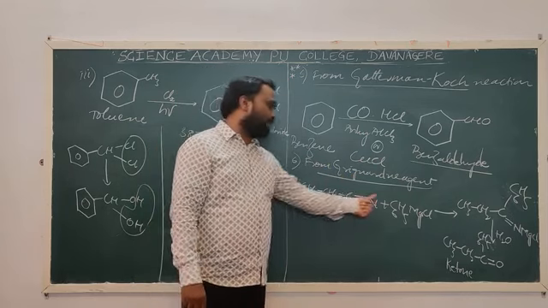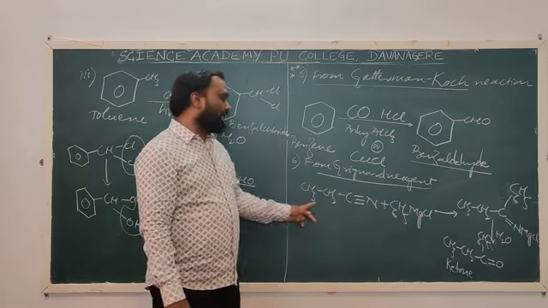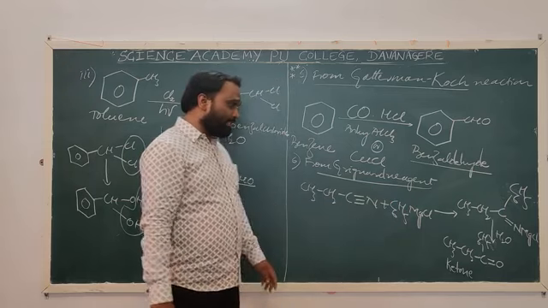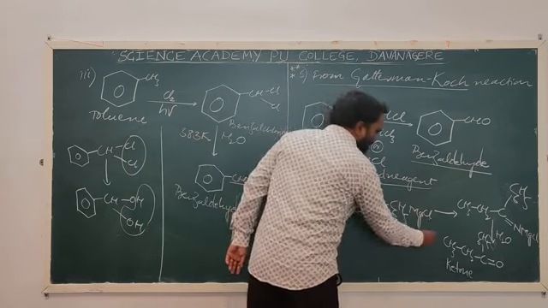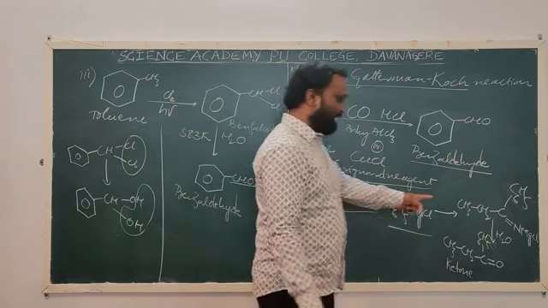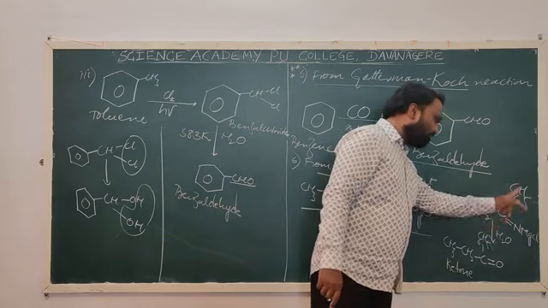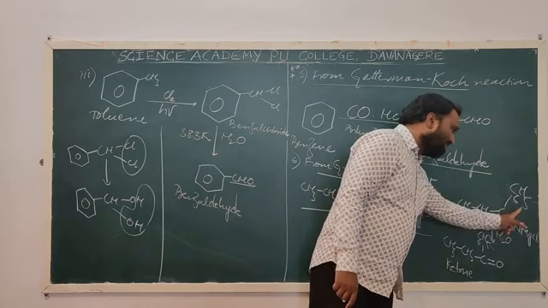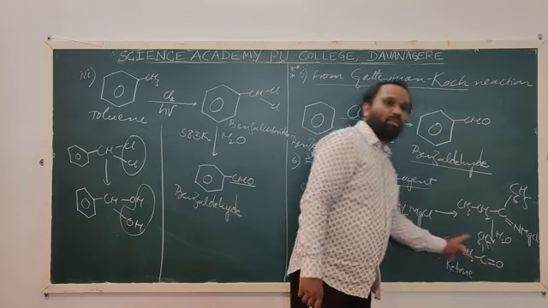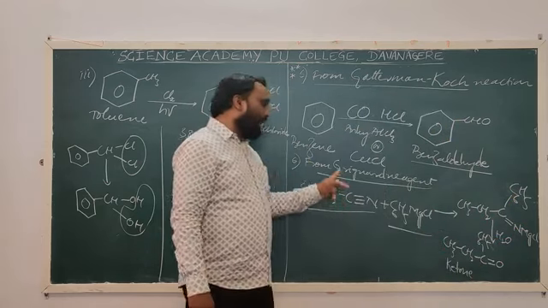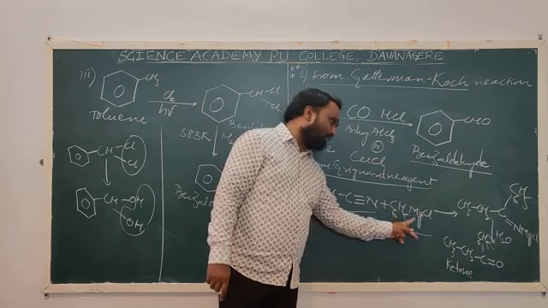Preparation of ketones from Grignard reagent and nitriles, that is the cyanides. When cyanide reacts with a Grignard reagent, an addition product is obtained. This addition product on hydrolysis gives a ketone. So this is the example that is given in the notes.